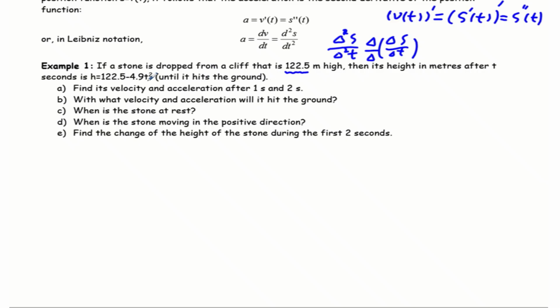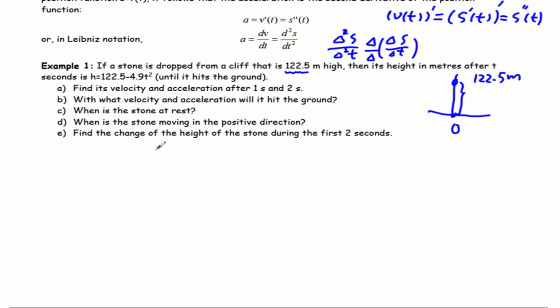After it hits the ground, the height doesn't follow this expression anymore, so this formula only works from when the stone is dropped until it hits the ground. Our valid y values are our range: from 122.5 meters down to 0 meters.